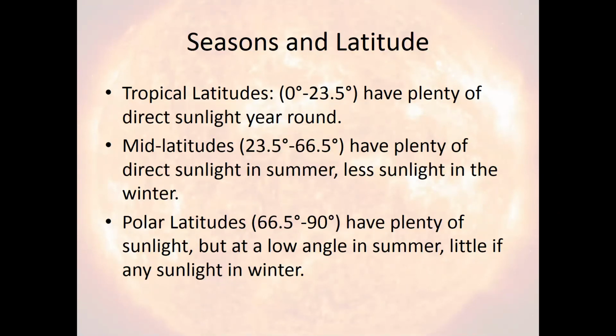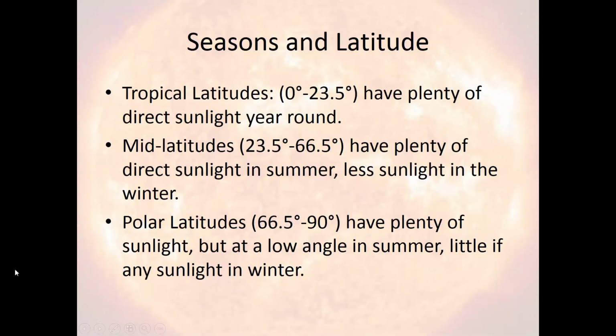As a result, you get consistent amounts of heat year-round, and it's pretty consistently warm. So if you live near the tropics, there's almost no seasonal variation. It's hot year-round. As a matter of fact, I have friends who live in Nicaragua, and the way they define their seasons isn't so much by how hot or cold it gets, but by how wet or dry it is. And that's just a fascinating little fact.